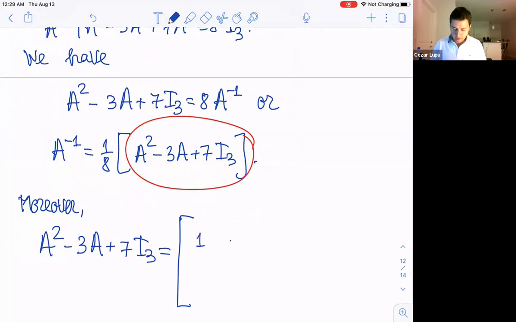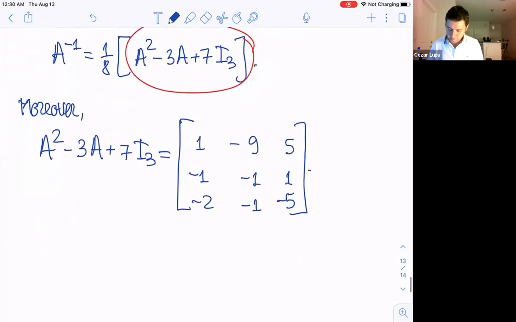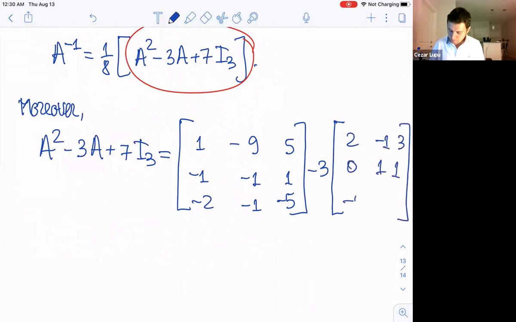It's 1, negative 9, 5, negative 1, negative 1, 1, negative 2, negative 1, negative 5. Minus 3 times A, which is 2, negative 1, 3, 0, 1, 1, and negative 1, negative 2, 0. Plus 7 times the identity.